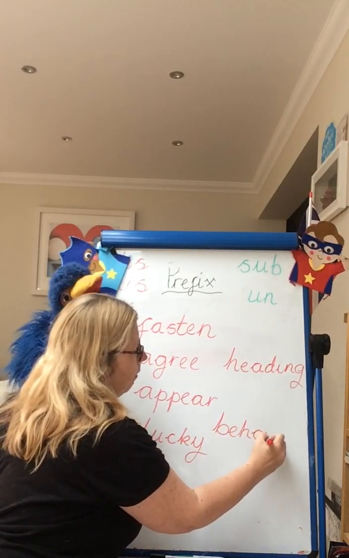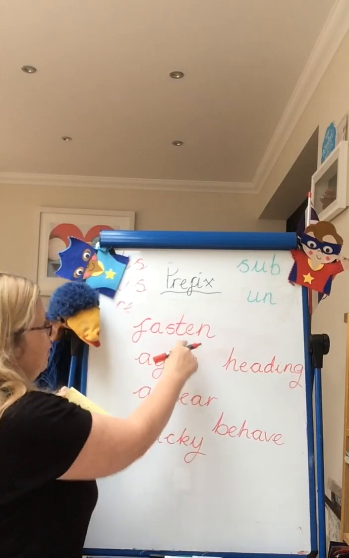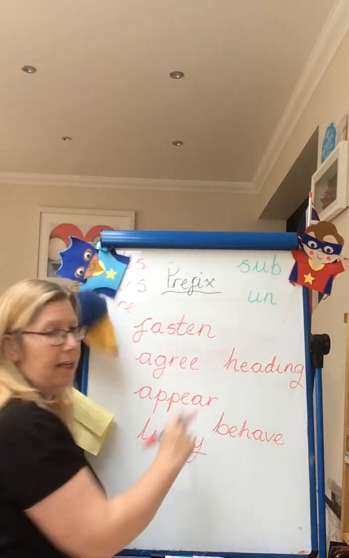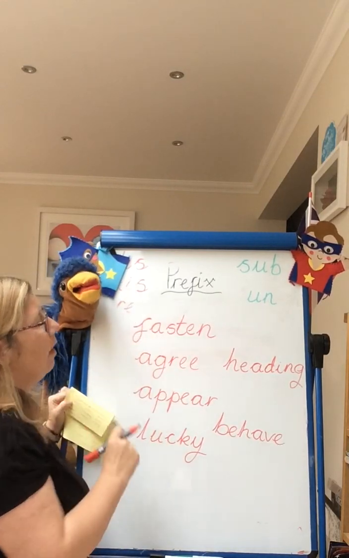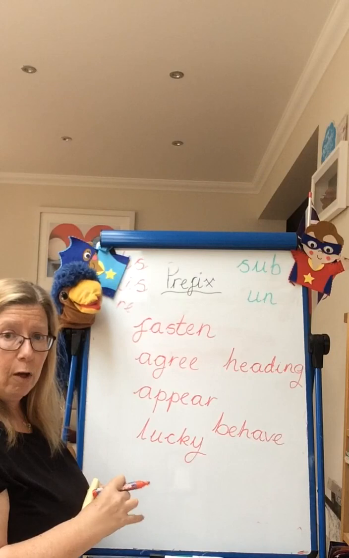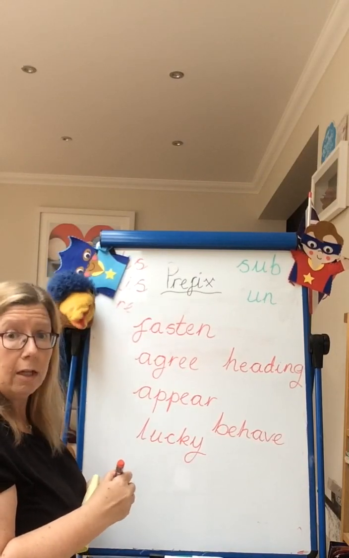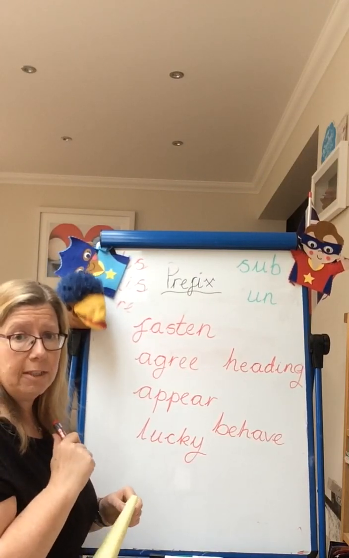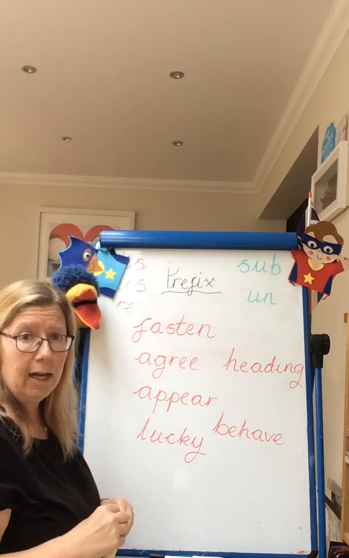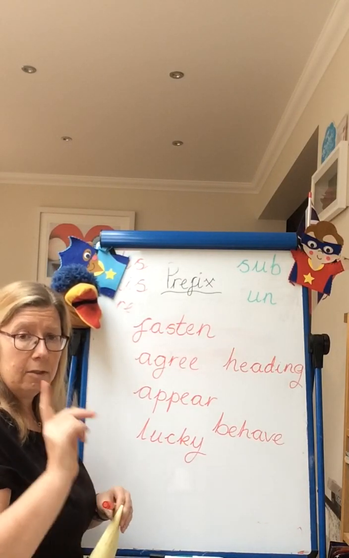Behave. Okay, so you've got the words on there. Fasten, agree, appear, lucky, behave and heading. Can you decide which of the prefixes goes in front of those to make a new word? Okay, you might want to stop for a second and just see if you can work them out, and then we'll have a look at them. Okay, so stop it and think.